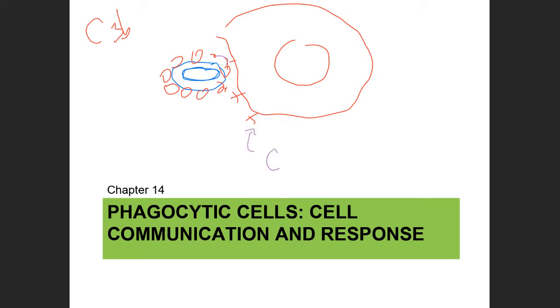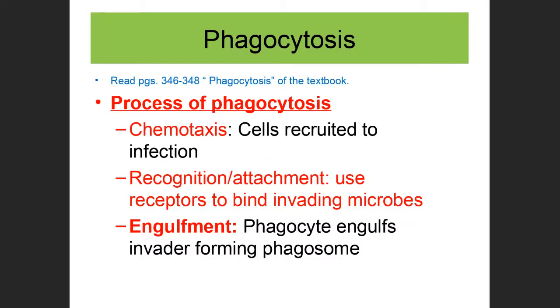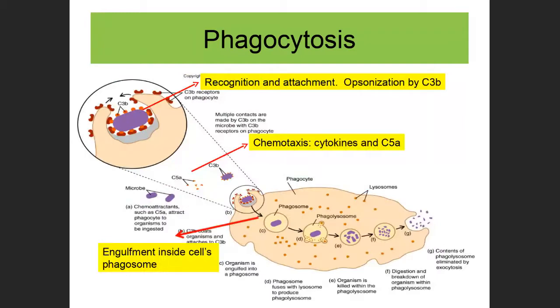So the phagocytic cell has C3b receptors, so that now the phagocytic cell can actually engulf the bacteria. Here you have the red circles are C3b, and the dark red structures are the receptors on the phagocytic cell grabbing a hold of the C3b, grabbing a hold of the bacteria and beginning to engulf the bacteria.